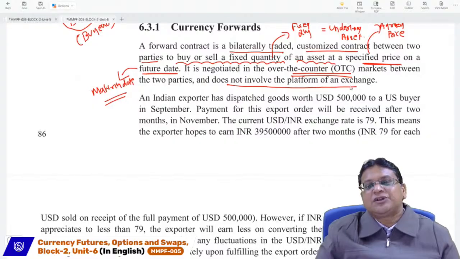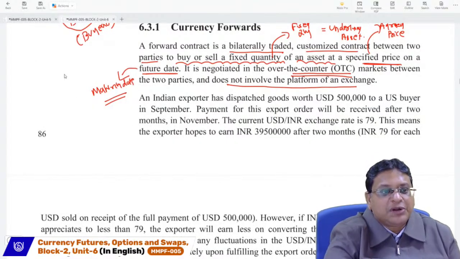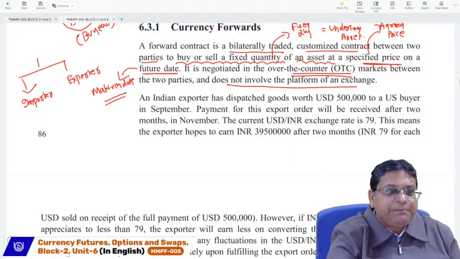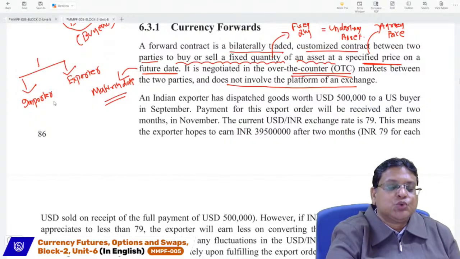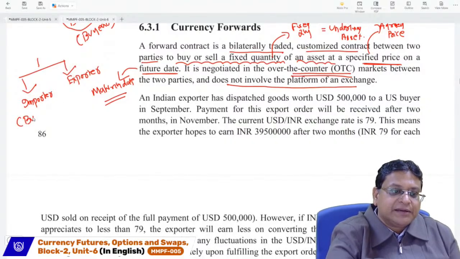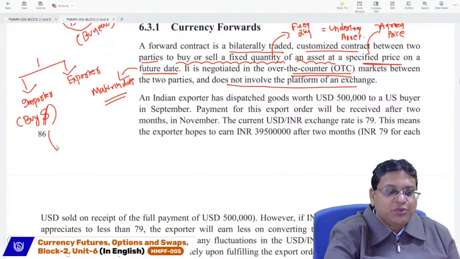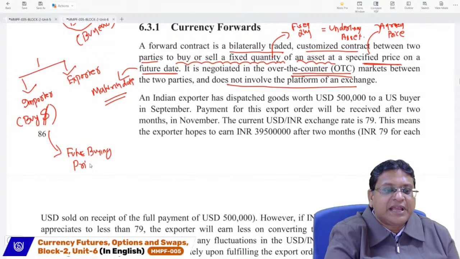We know that there are two parties. One is importer, another is exporter. Now in future, the importer has to buy dollar or foreign currency. In this case, let's take an example, dollar. So he will buy dollar in future. So he wants to fix the future buying price. How can he fix it?